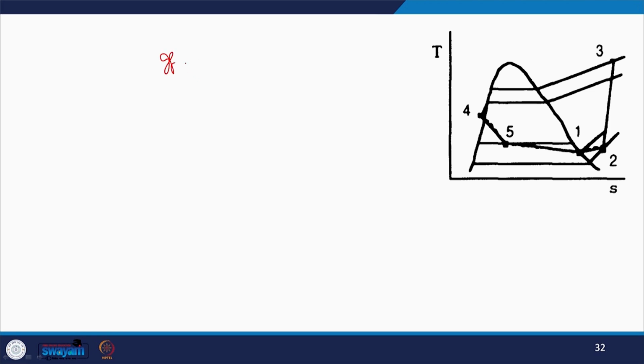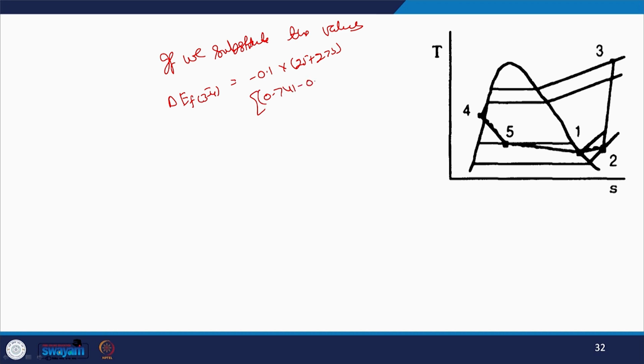Substituting the values from the table, EF 3 to 4 is minus 0.1 into (25 plus 273) multiplied by (0.741 minus 0.2718) plus (226.7 minus 74.59) divided by (40 plus 273.15).